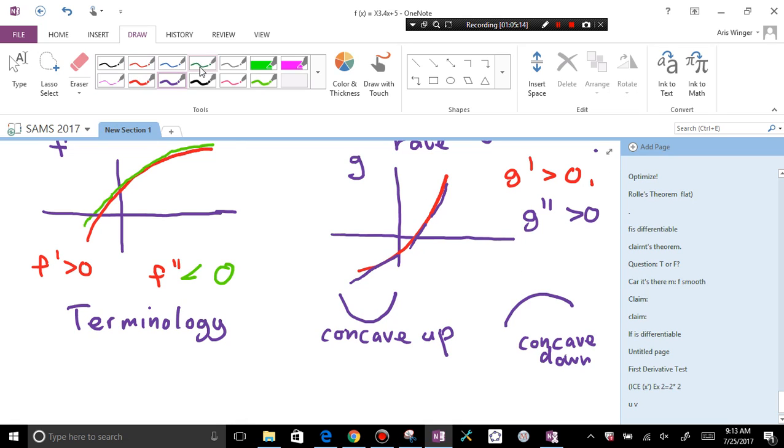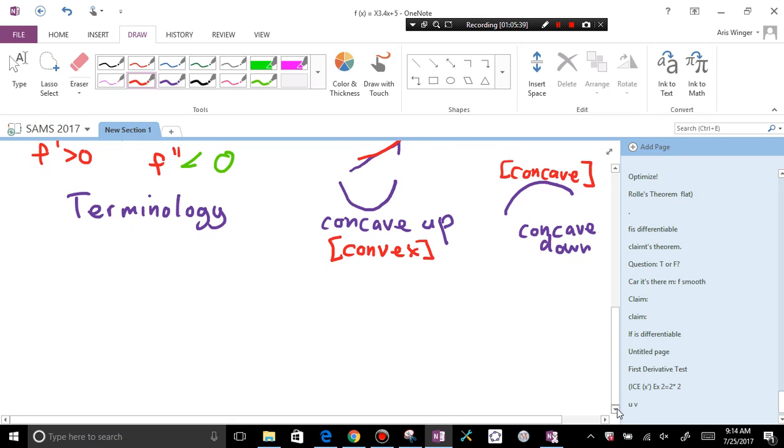Mathematicians really don't use this terminology outside of calculus. We call this convex. And then we say that this is concave. I'm going to give the mathematical definition of concave up in just a moment.